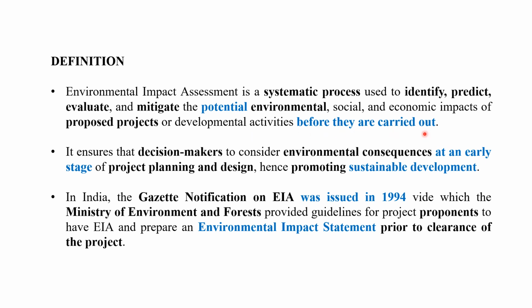That means whenever we are going to construct any industries or start any development projects, before that we have to know what type of environmental impacts are going to take place once the development work is completed. So it ensures that decision makers consider environmental consequences at an early stage of project planning and design, hence promoting sustainable development.